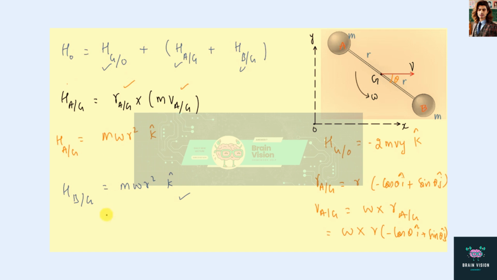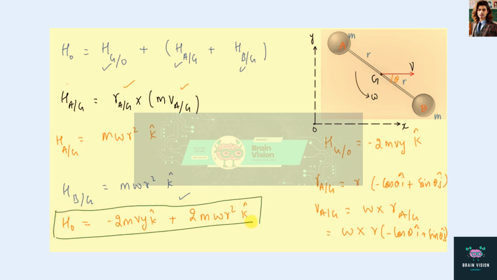So the angular momentum about the point O, H_O, is equal to negative 2mvy k cap plus 2 times m omega r square k cap. So this is the final answer for the given problem. I hope you have understood the problem. Thank you.